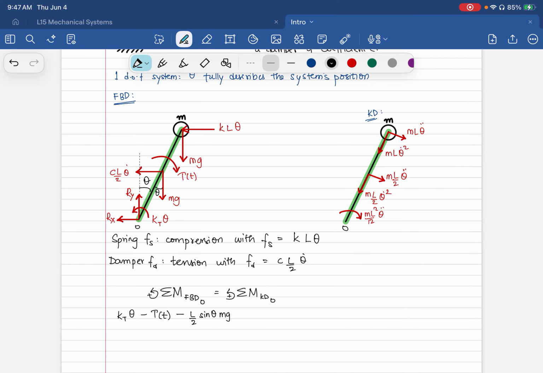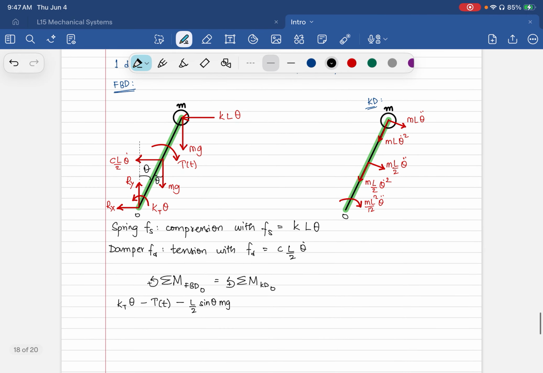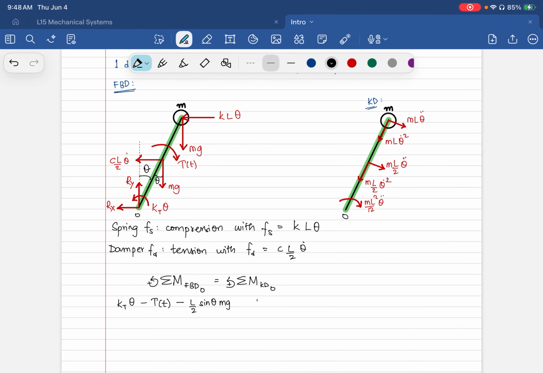So you have a minus L/2 mg sine theta. Then you have this force here. You're looking for this distance because that is the perpendicular to the line of action of the force. So L/2 cos theta gives you that. So you have L/2 cos theta times the force of C L/2 theta dot.